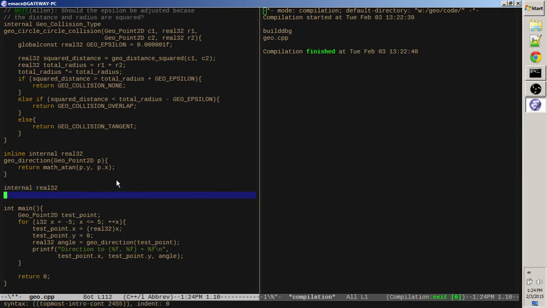So it's 3-point. That means we're going to call it 3-point angle, and it'll have a point 1, and then it'll have a center, and then it'll have a point 2, something like this.